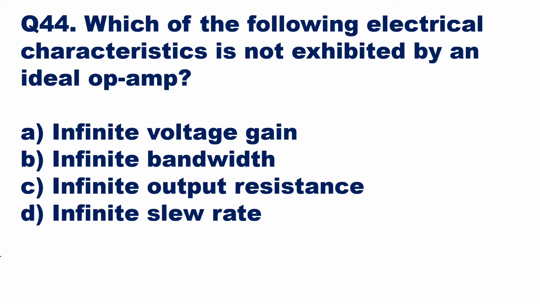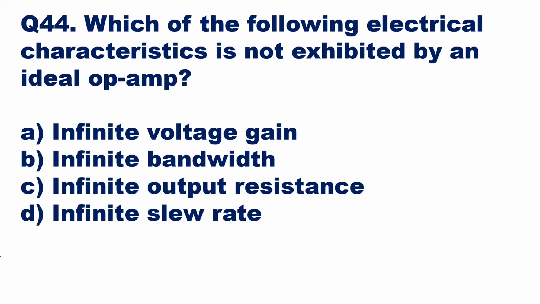Okay, so all these were there, but the output resistance was not infinite, it was low. So it was low output resistance or zero output resistance in the ideal case, and that is why it was able to be interfaced with any other devices. So that zero output resistance, that is a low output resistance.